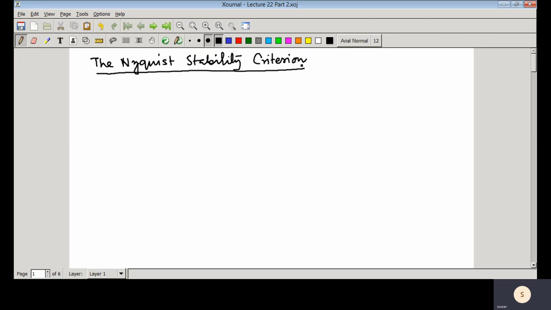So let us first draw one closed loop control system. Suppose this is the forward path transfer function G(s), and we have the feedback transfer function H(s).